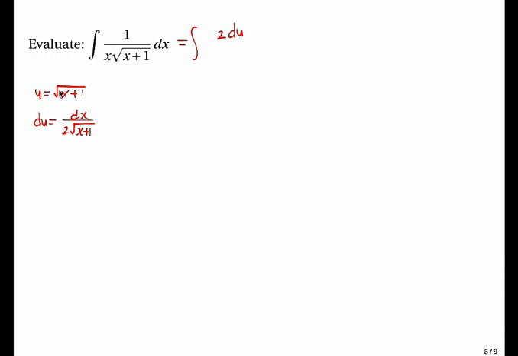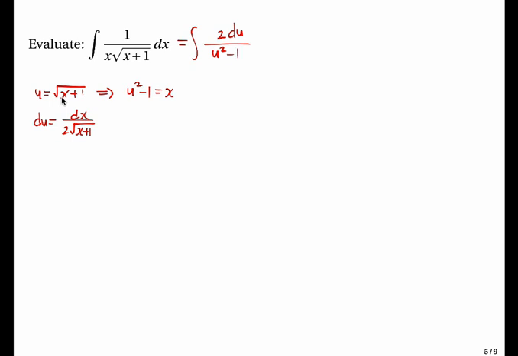And for the x here, we see from this expression that we can write x as u squared minus 1. Therefore, the denominator here is just u squared minus 1.